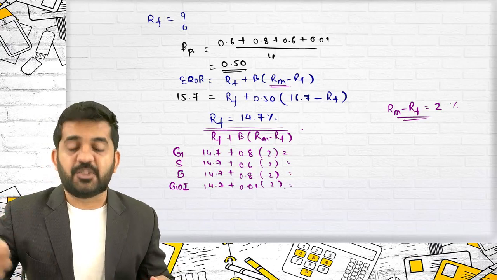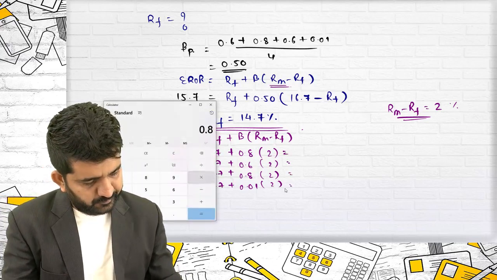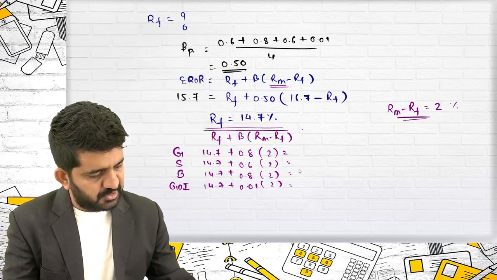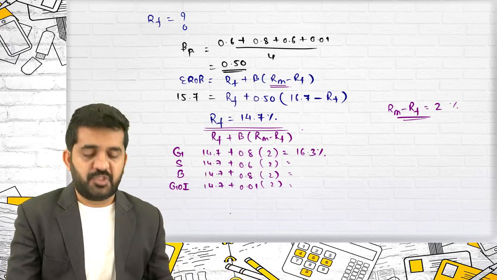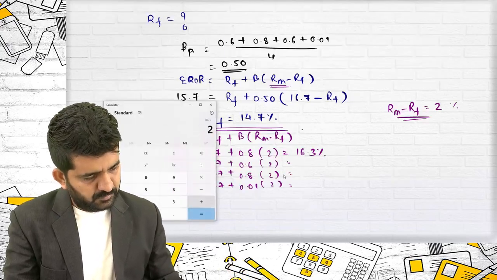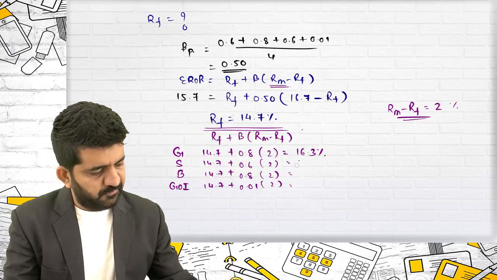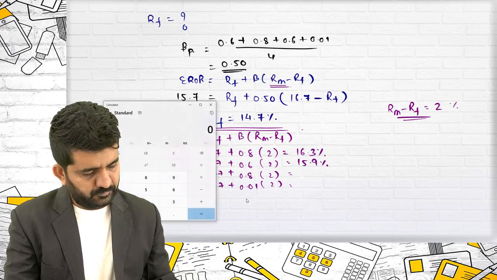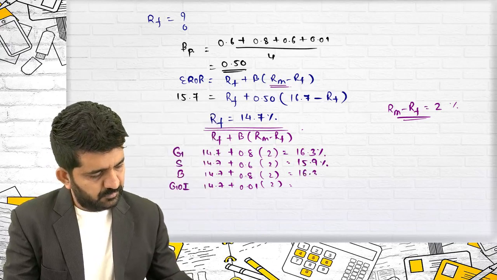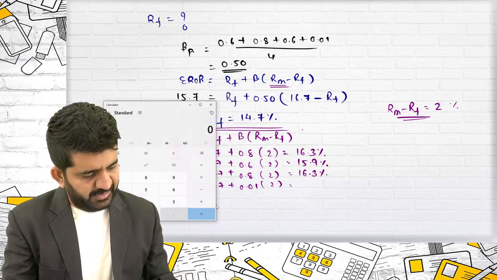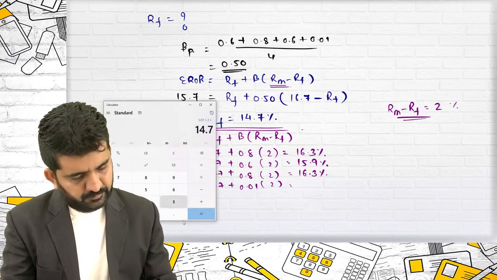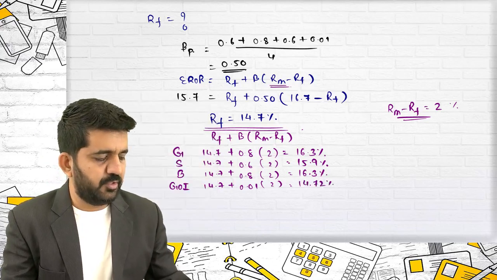And this is how they have found the expected rate of return: 16.3, 15.9, and this will be less, 14.72%.